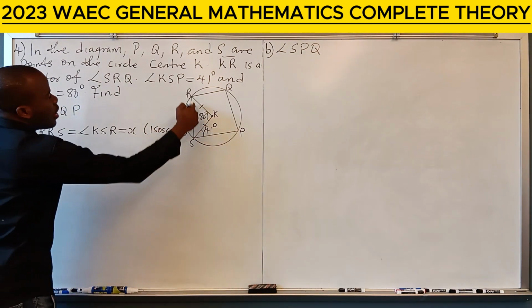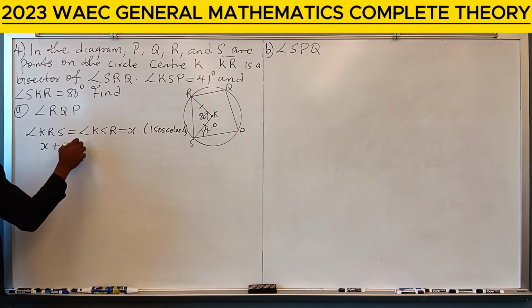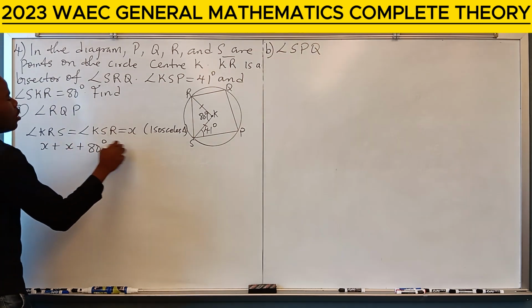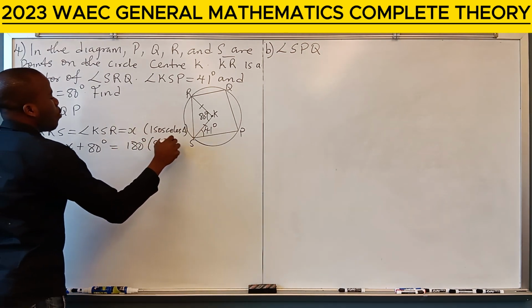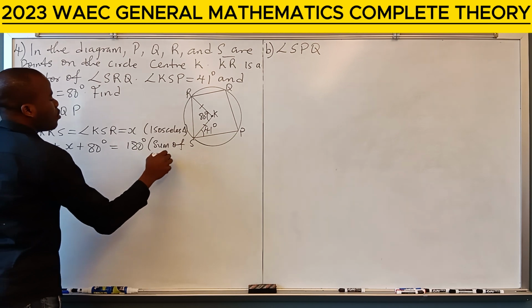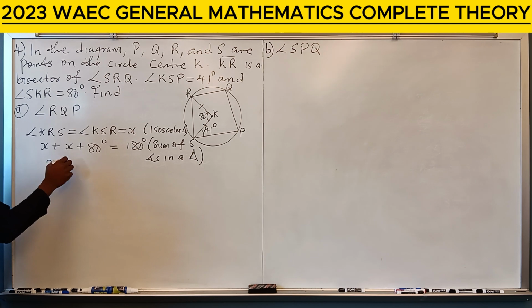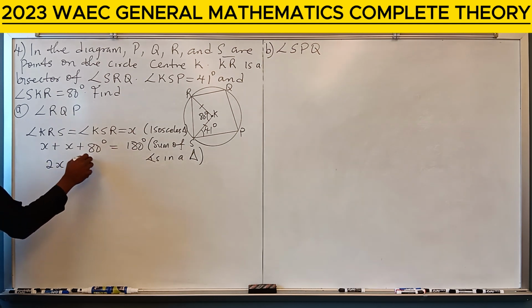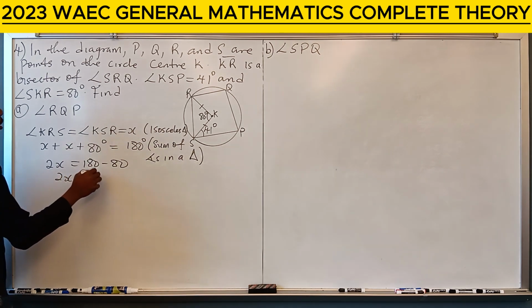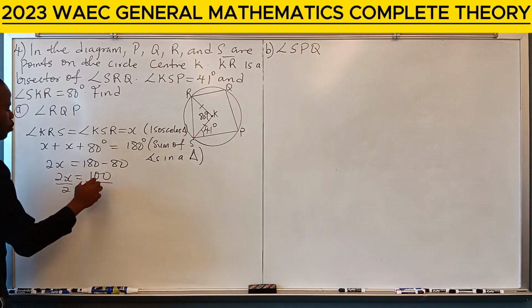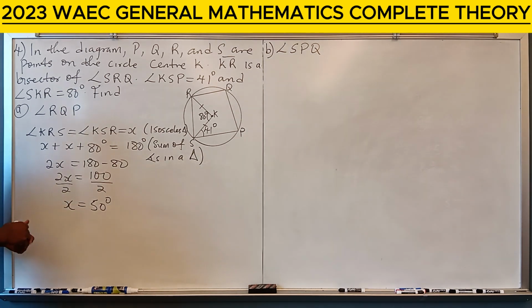So if here is x, here is x, sum of angles in the triangle must give 180. So x plus x plus 80 degrees must equal 180. Sum of angles in a triangle. So 2x, subtract 80 from both sides, will be 180 minus 80, and 2x equals 100. Divide both sides by 2, x will be 50 degrees.